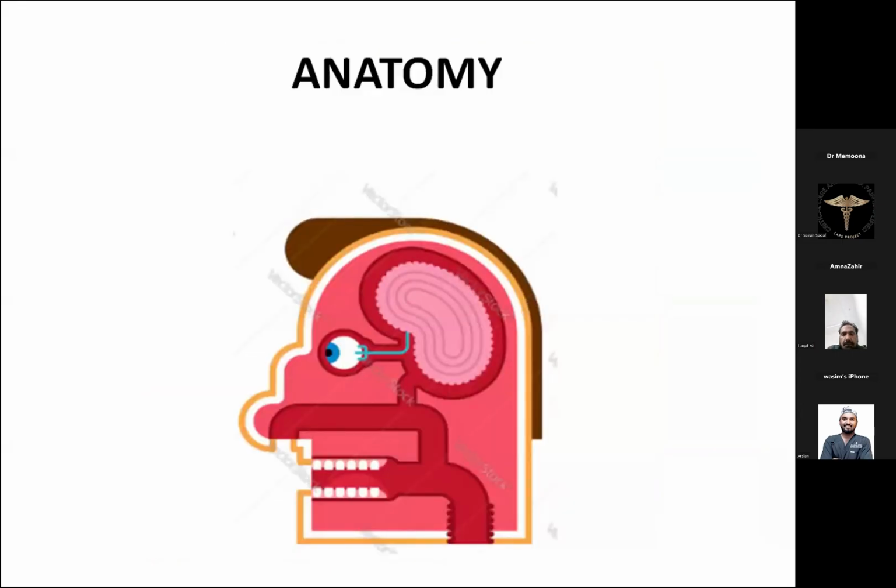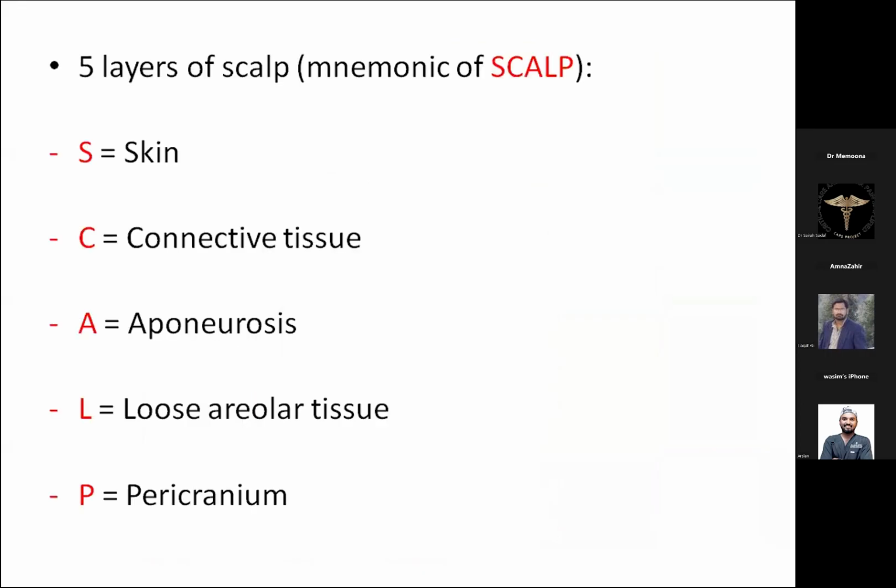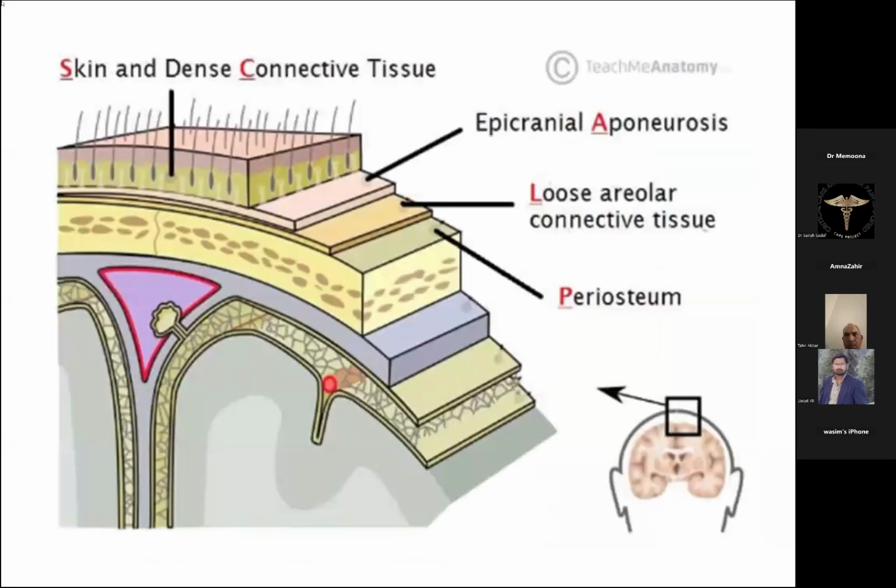Regarding the anatomy of the scalp, it consists of 5 layers, and the mnemonic SCALP is used to remember them. S stands for skin, C for connective tissue, A for aponeurosis, L for loose areolar tissue, and P for pericranium. Here you can see all the 5 layers, and these are tightly fixated by fibers to the outer table of the skull bone.